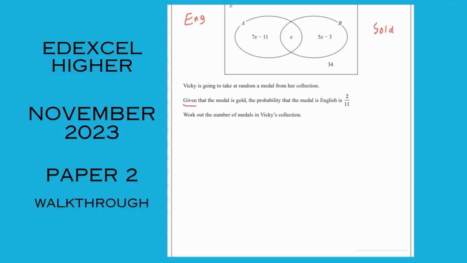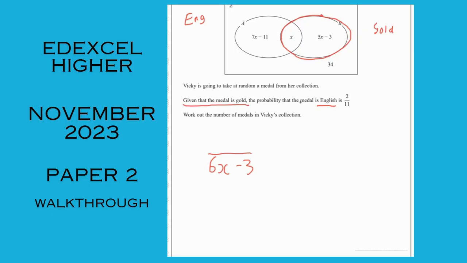Given that the medal is gold, that means we only care, we are assuming we have picked out of the gold medals. The total of the gold medals is 6x minus 3. We've added them together. Find the probability it is English.